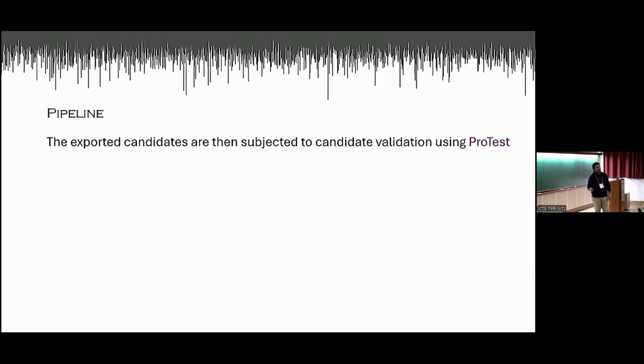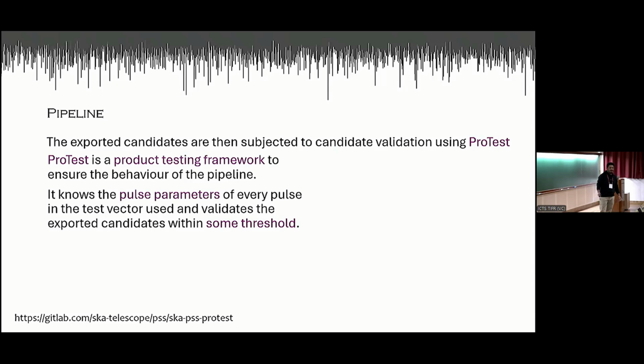In order to validate, when we pass something through the single pulse search pipeline, whether it is exactly the pulse that we injected or not, we use something called protest. Protest is a product testing framework to ensure that the behavior of the pipeline is right.